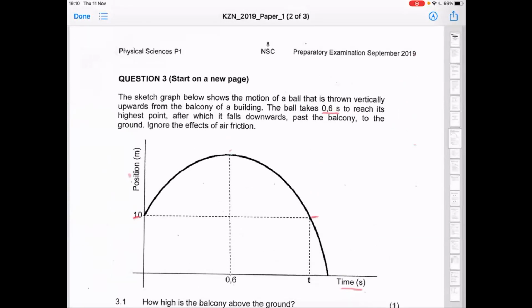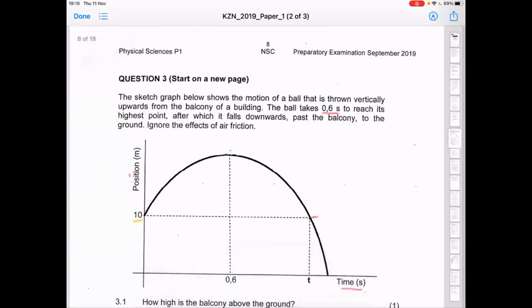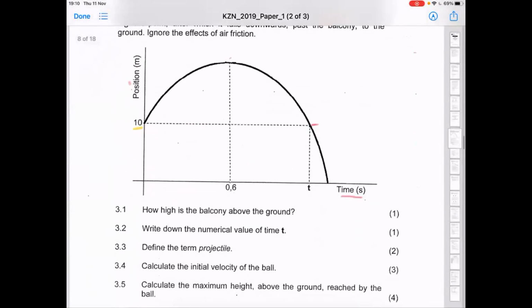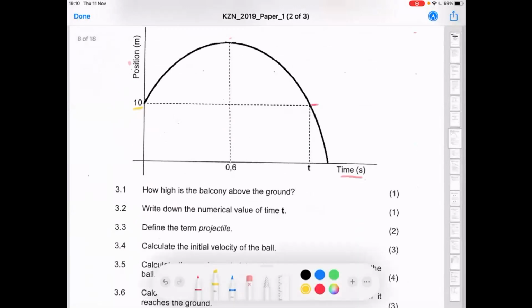So if we look at the graph here, you can see that it starts at 10 meters, because the position is on the y-axis, which means that the balcony is 10 meters above the ground. It's 10 meters. We can read that off the graph.